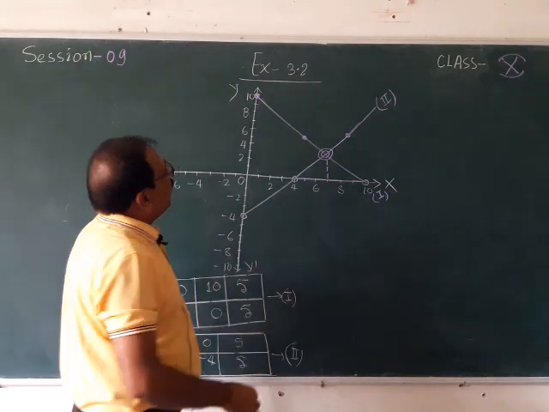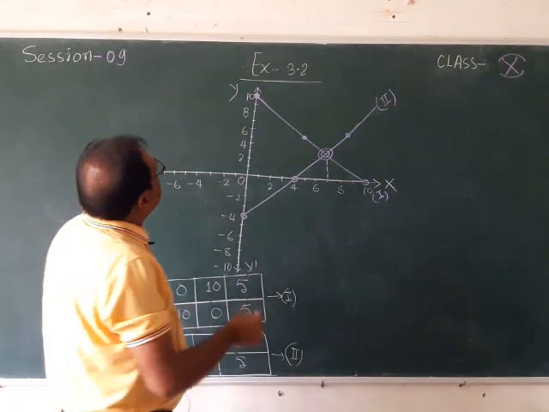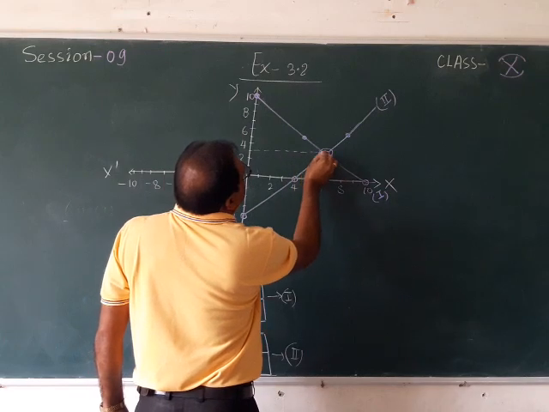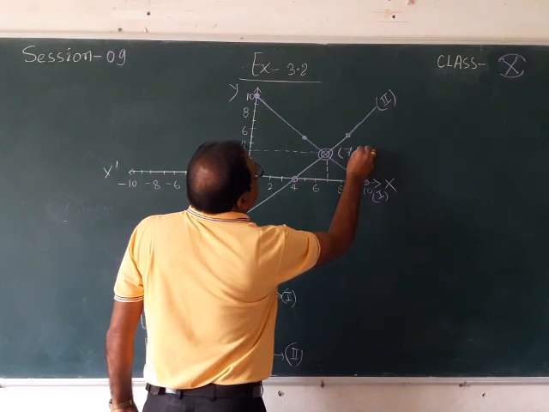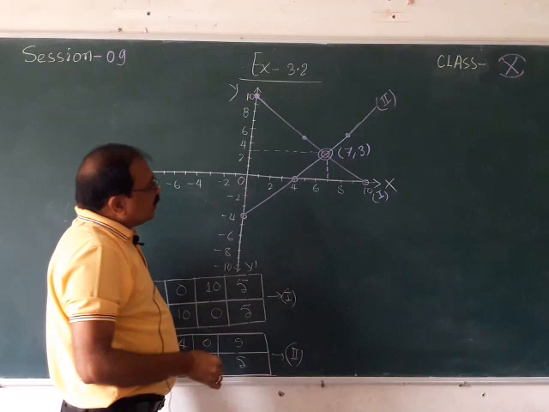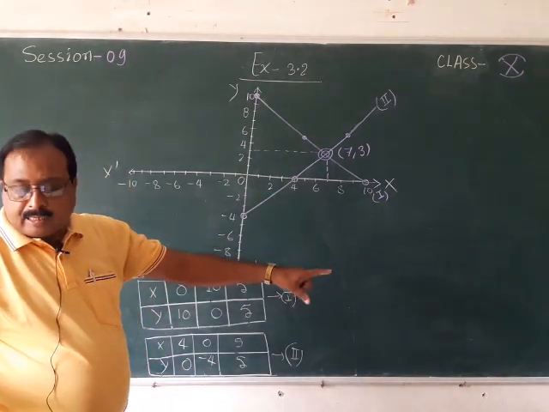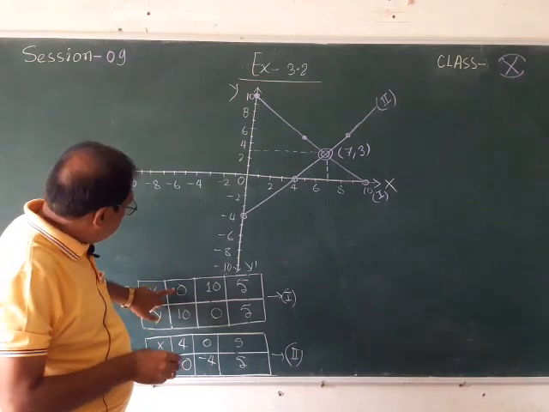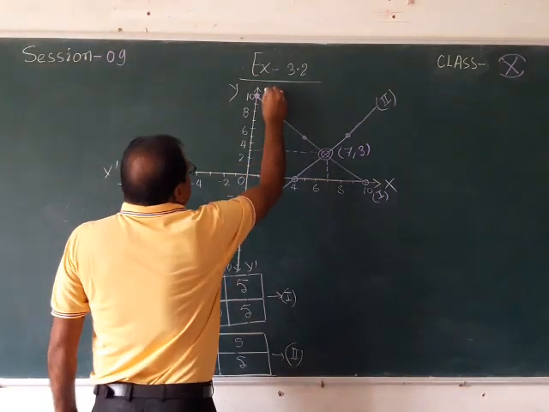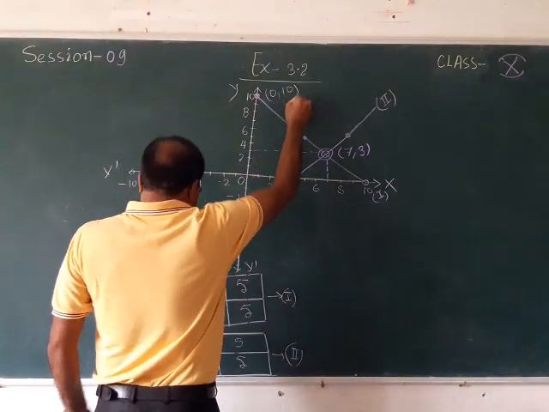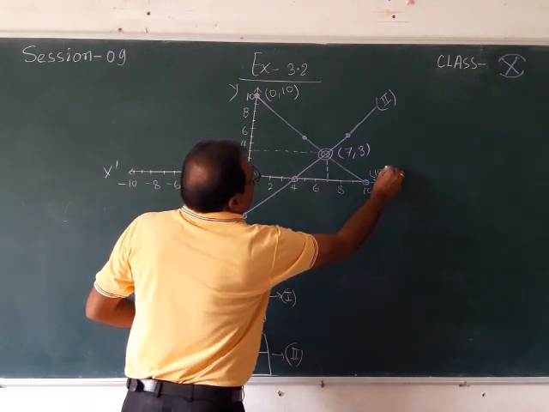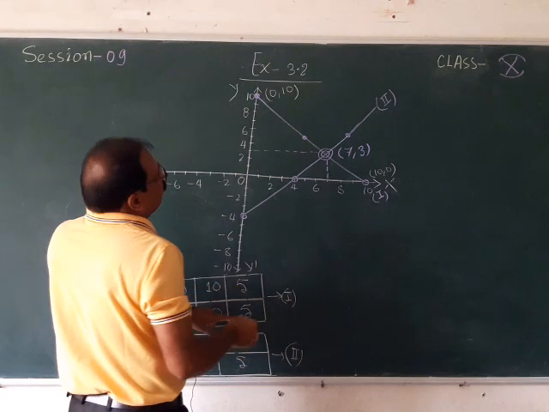The value of x is 7 and the value of y that I can see here is 3. So at point 7 and 3 it is intersecting. So the point of intersection is 7, 3. After drawing the graph you need to write the coordinates. So first coordinate was 0 and 10, then second 10 and 0, third was 5 and 5.